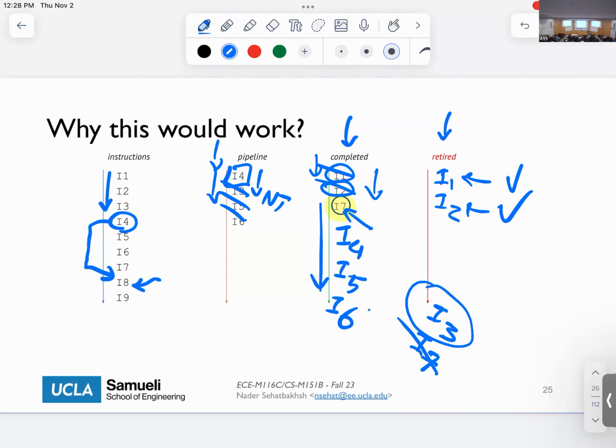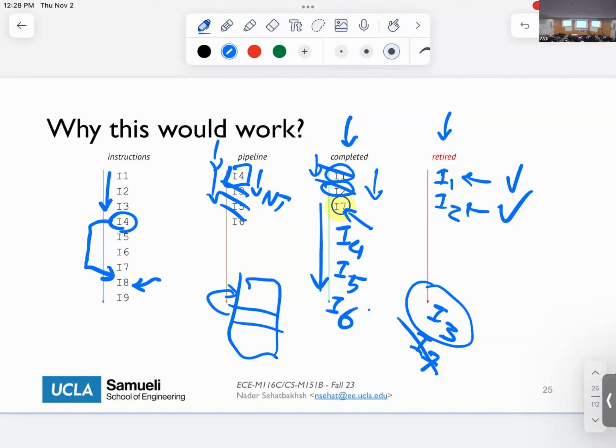Basically, we have what we call a head of ROB. The ROB doesn't really check the indexes; it checks the rows. It always just checks whether the previous row has been retired or not. That's all you need to check. So in this case, it will just check if I4 has been retired. If I4 has been retired, then it will retire. It doesn't check the index; it checks the previous instruction.